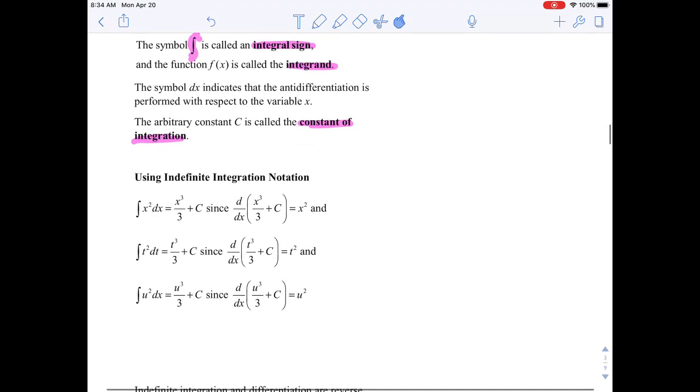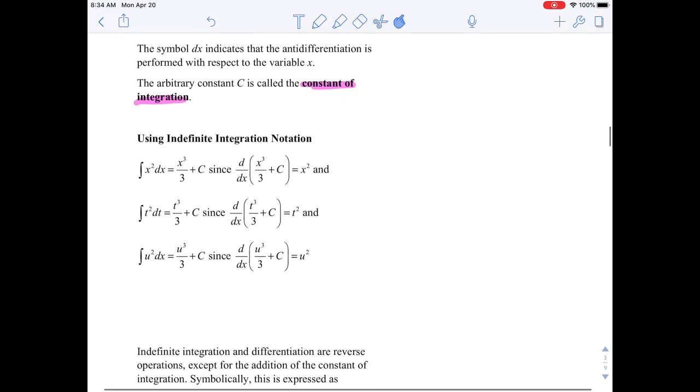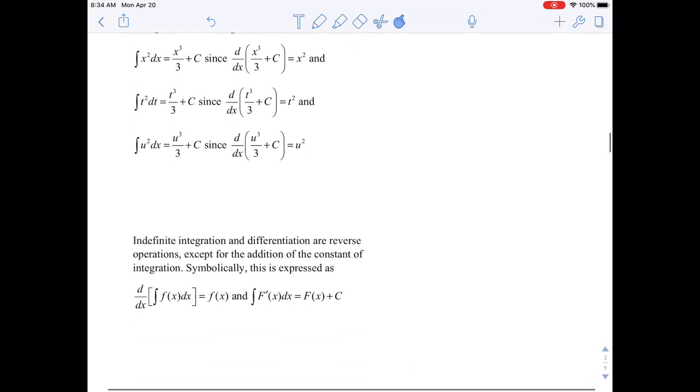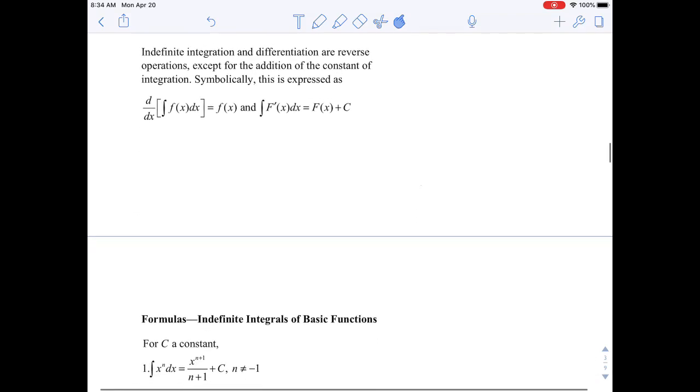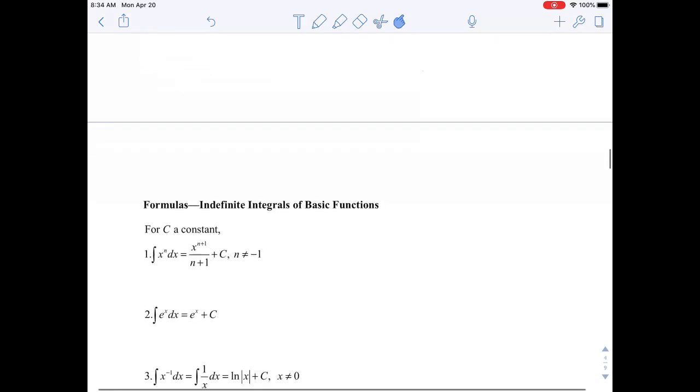So using the notation, the integral of x squared dx equals x to the third divided by 3 plus c, since the derivative of x to the third over 3 plus c equals x squared. So it's just working backwards. They are reverse operations.